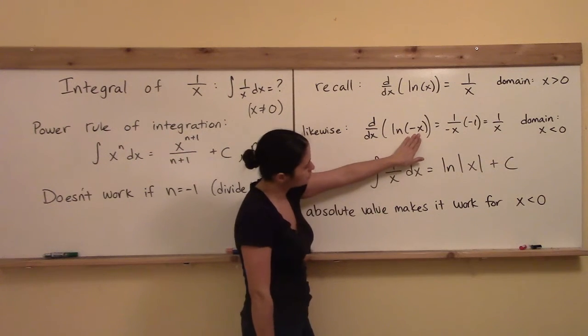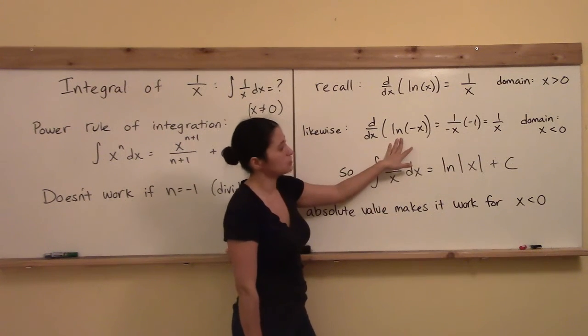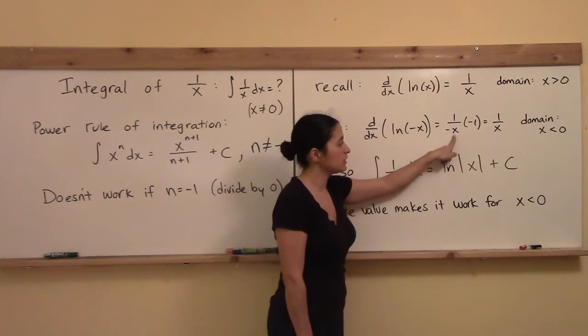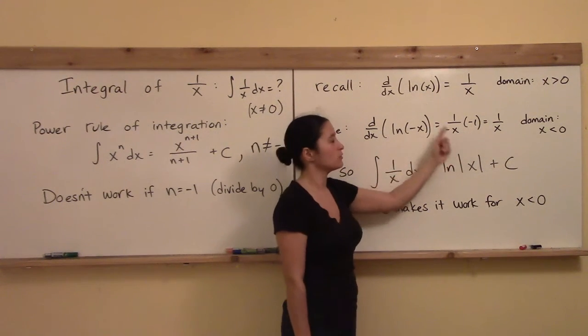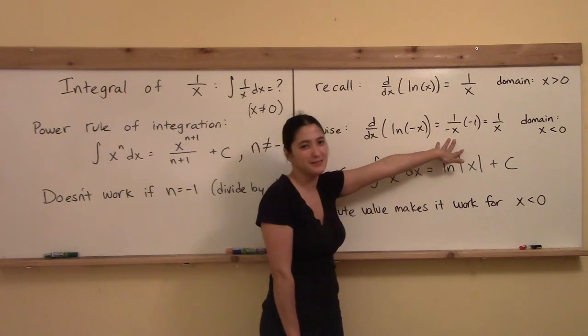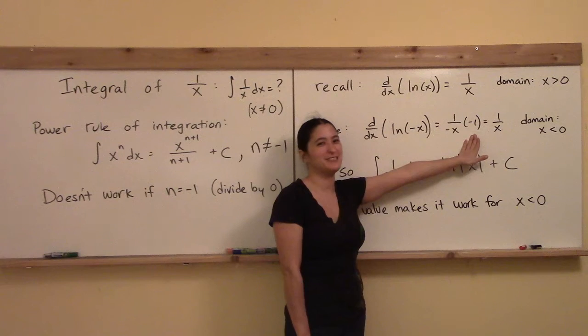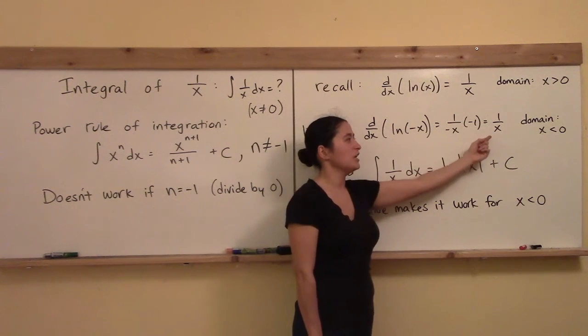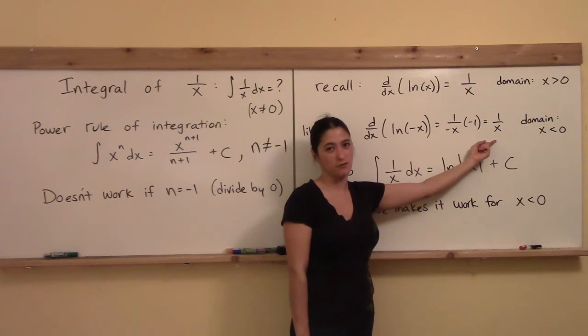The inside function is minus x, the outside function is log. So 1 over the inside function, 1 over minus x, times minus 1, which is the derivative of minus x. The minus cancels with the minus over there, and once again you get 1 over x.